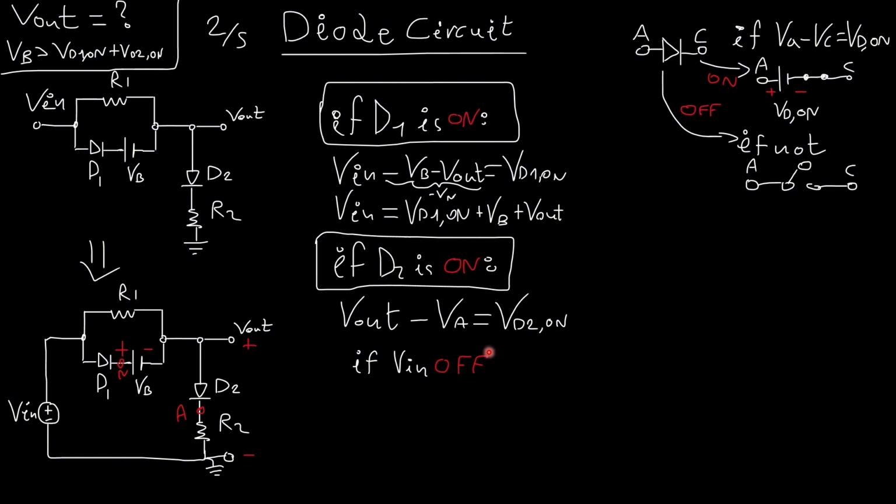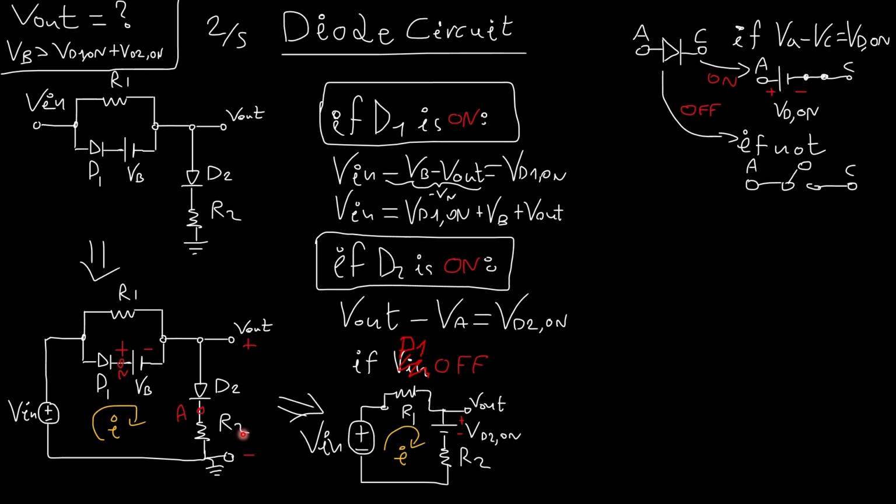Now, if at the same time, okay, this is a mistake. If D1 is off, so if D1 is off and D2 is on, I would have a common current flowing from here to here, and I could write the circuit like this.